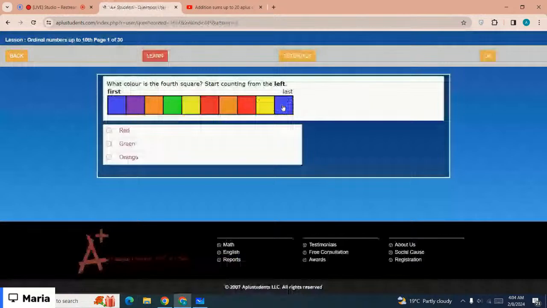What color is the fourth square? Start counting from the left. So which is the fourth color? You need to count the squares.